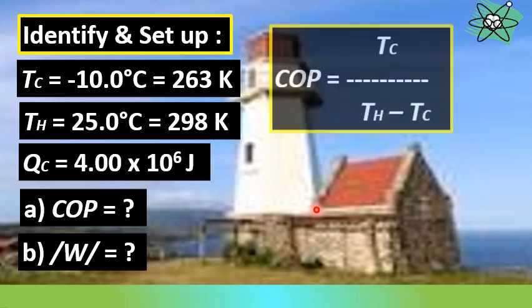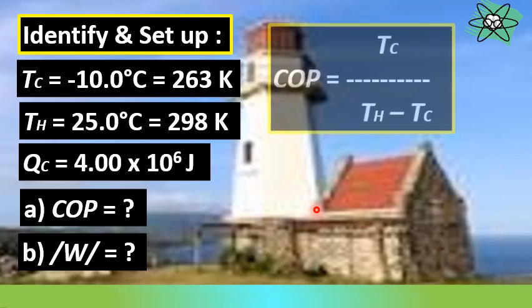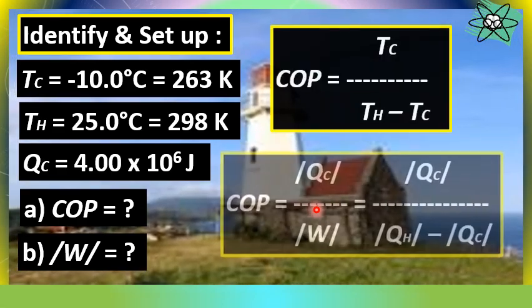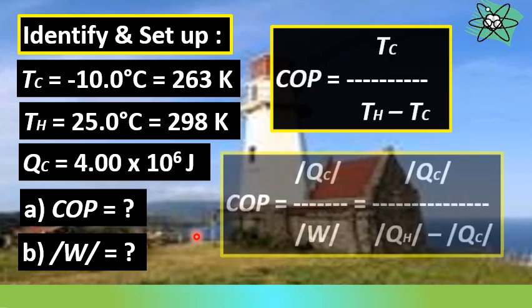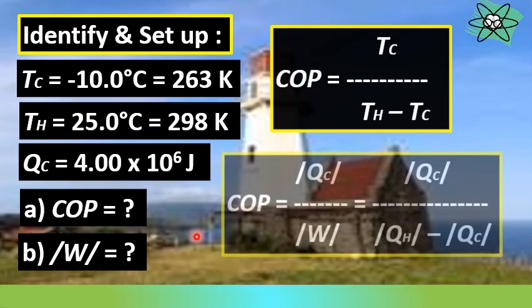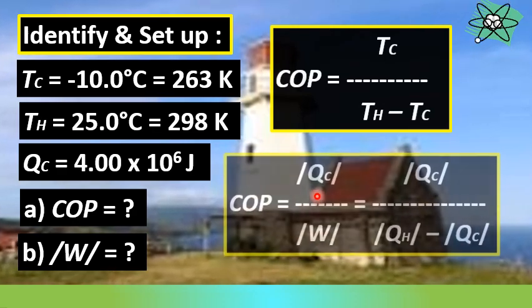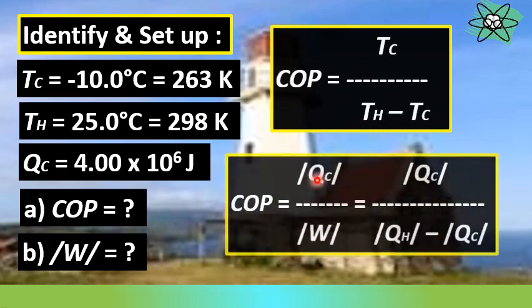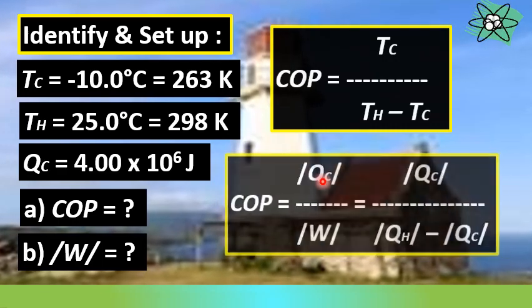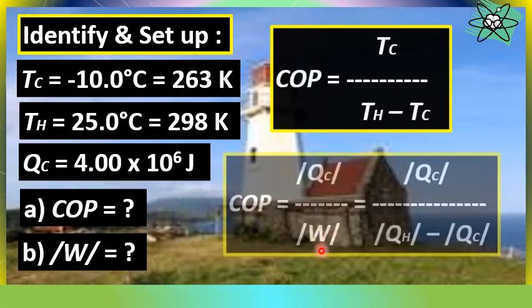And for computing the work input, that's in letter B, the formula will also be based on the other formulas for finding the COP, such as this one: dividing the amount of heat extracted from the cold reservoir, or capital Q sub C, by the amount of work input.